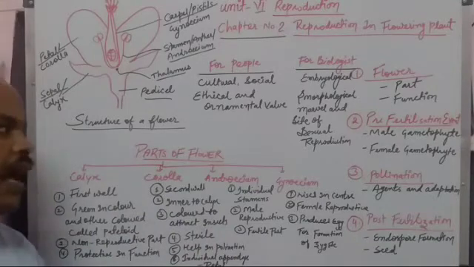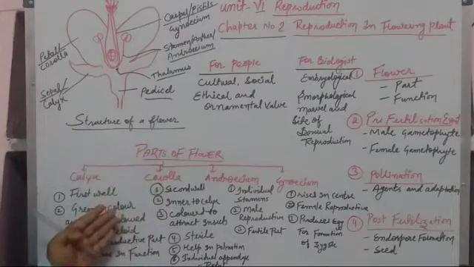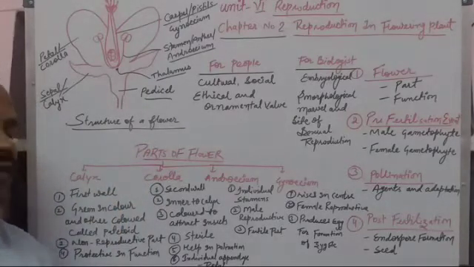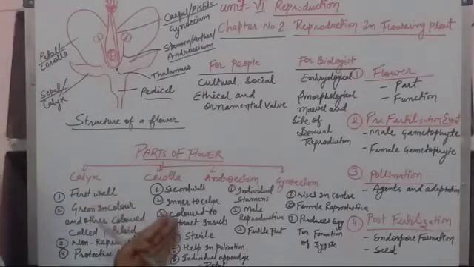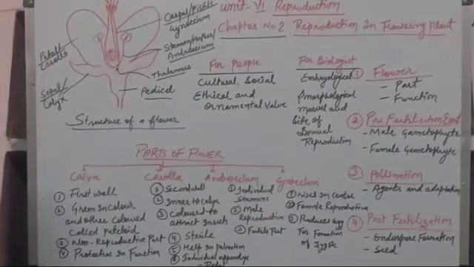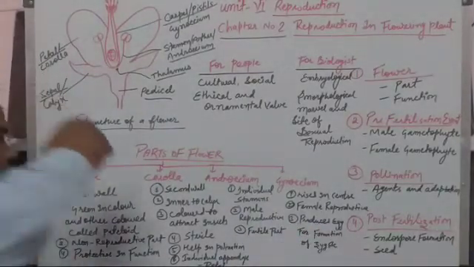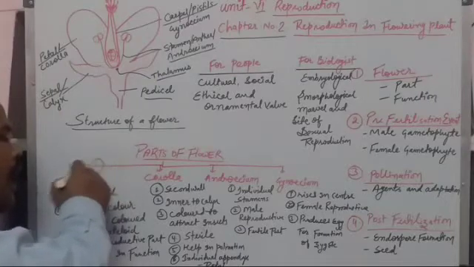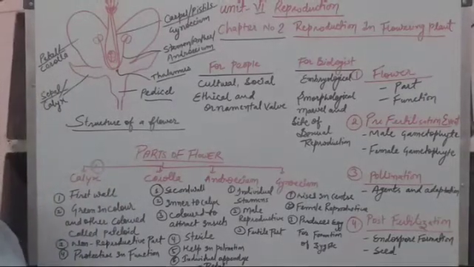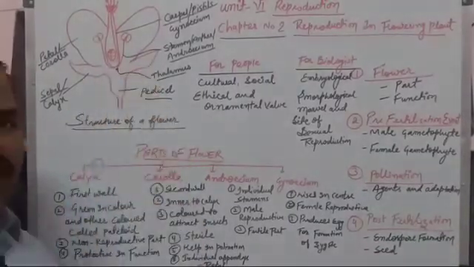The flower has 4 types of parts. First is calyx, second is corolla, third is androecium and fourth is gynoecium. Calyx is the green part of the flower, and it is the first whorl of the floral appendages.